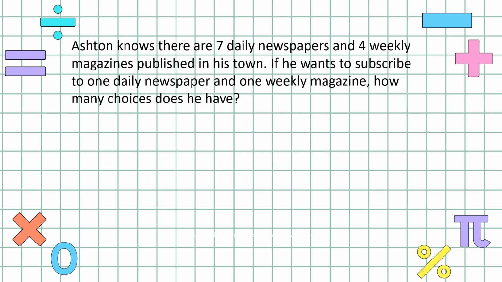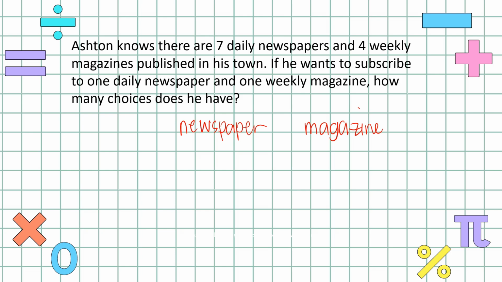Let's have another example. Ashton knows there are 7 daily newspapers and 4 weekly magazines published in his town. If he wants to subscribe to 1 daily newspaper and 1 weekly magazine, how many choices does he have? So he is choosing from both newspapers and magazines.